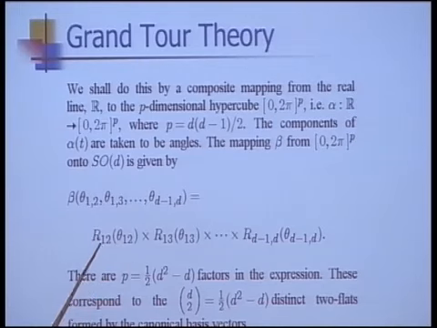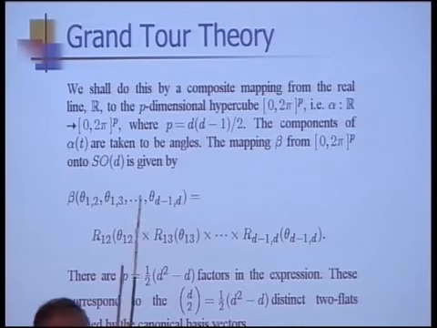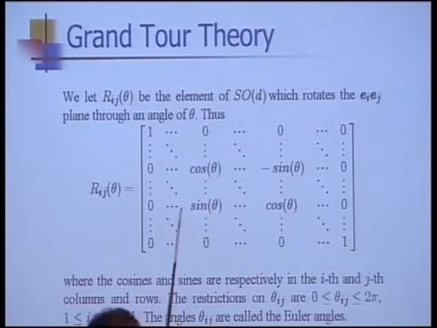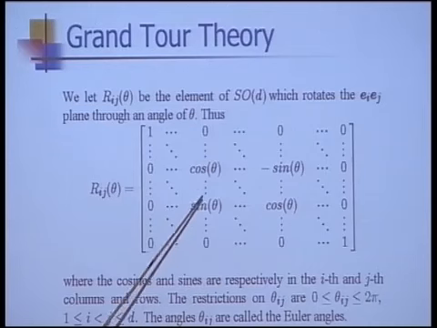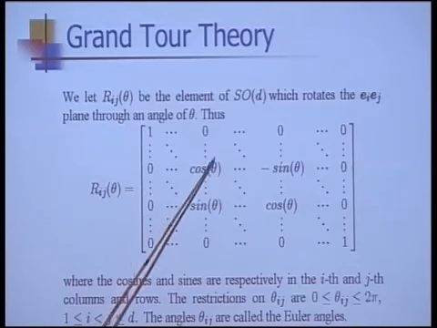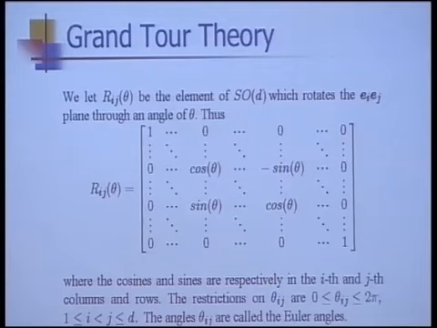So R_1,2 is just going to be the rotation there, and we multiply these rotation matrices out to get the generalized rotation matrix. This R_ij is going to be a matrix of the following form: it's one down the diagonal, except in the ith row and jth row and ith column and jth column, where it will have cosine, minus sine, sine, cosine.